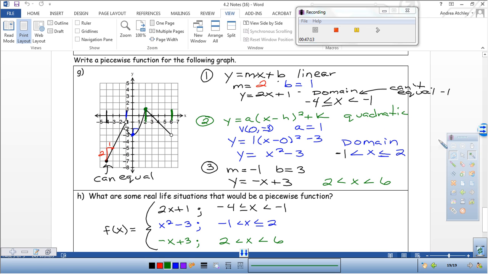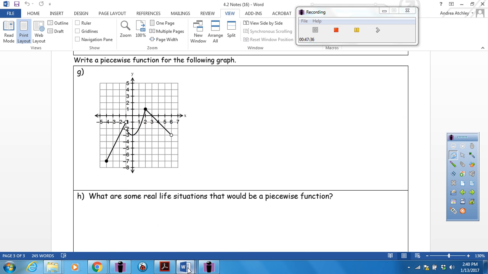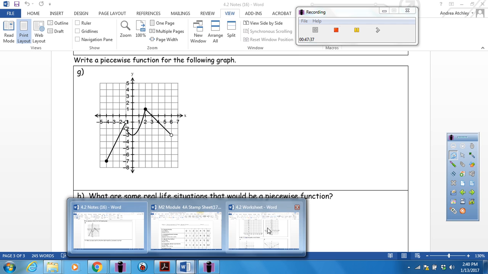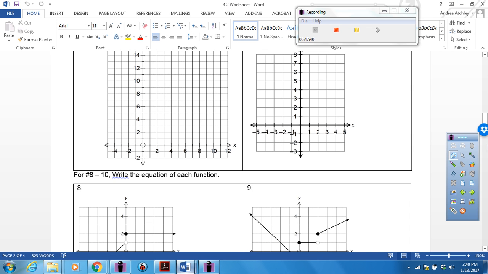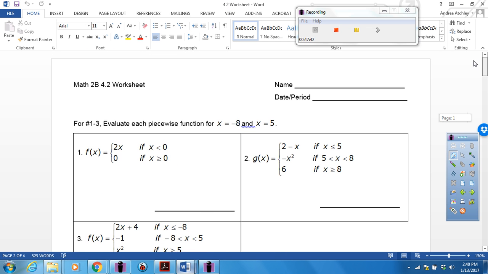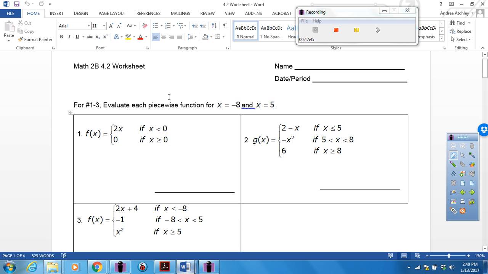Yeah, real quick, let's look at the first problems, because some people are getting confused by that. Let's look at these problems really fast, you guys. Okay, I'm doing the homework for you.